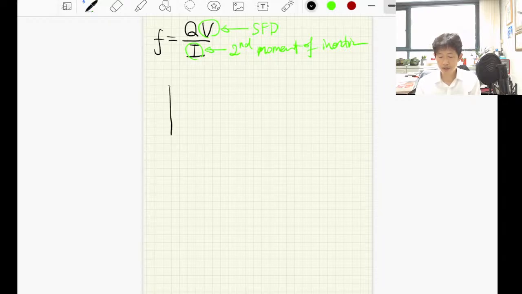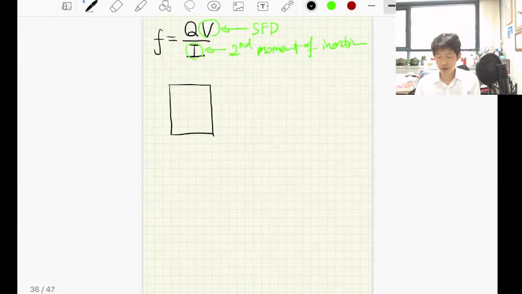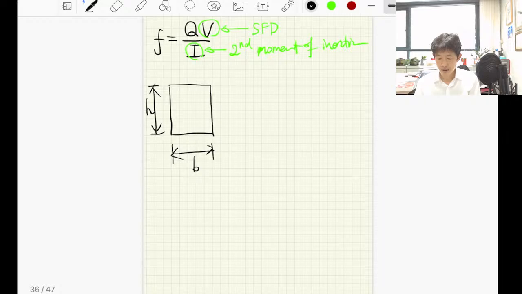In this example, let's consider a rectangular section. The width is B and the height is H. And then we need to find the neutral axis. In the case of a rectangular section, we already know the position of the neutral axis. The neutral axis is here, the y coordinate, and the height is h over 2.